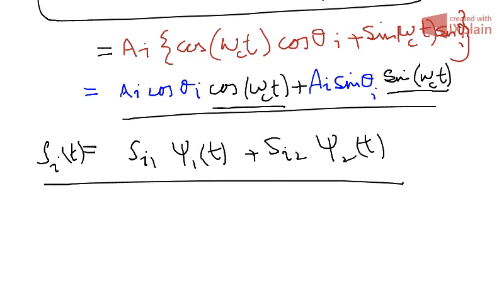Now you should be able to derive Si1. So if you just try to find out your Si1, just rewrite the value of Ai here, and you will see that your Si1 is actually equal to root Ei cos of theta i, right?